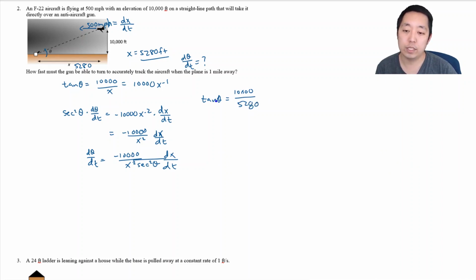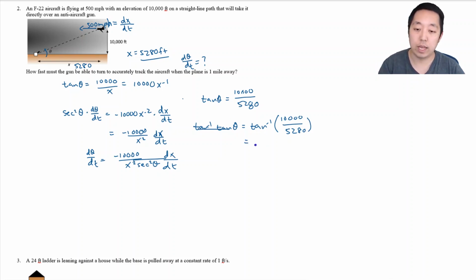And to get rid of the tangent on this side, I would do the tan inverse of both sides. The tan inverse cancels that, so that's what theta is equal to. And so now I know what theta is equal to.